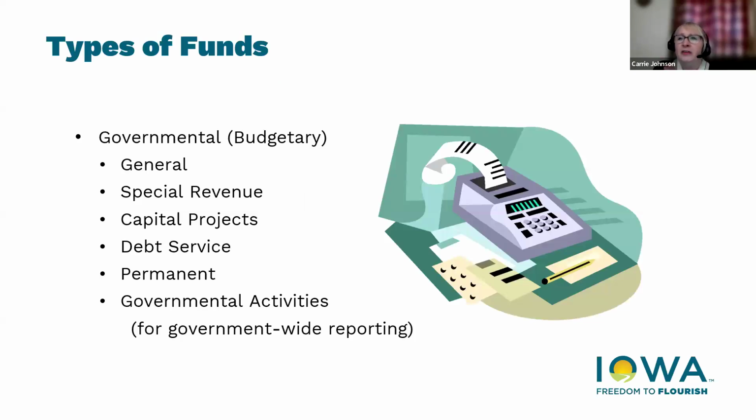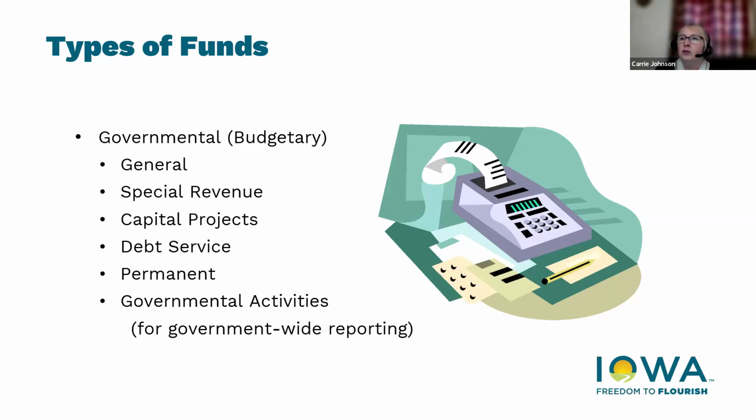Counties have governmental or budgetary funds, and they have non-budgetary funds. When we talk about budgetary funds, we're talking about the funds that the Board of Supervisors is going to control within the budget that we're adopting, that we're putting together. These are the funds that the Board of Supervisors manages and controls via the budget they adopt.